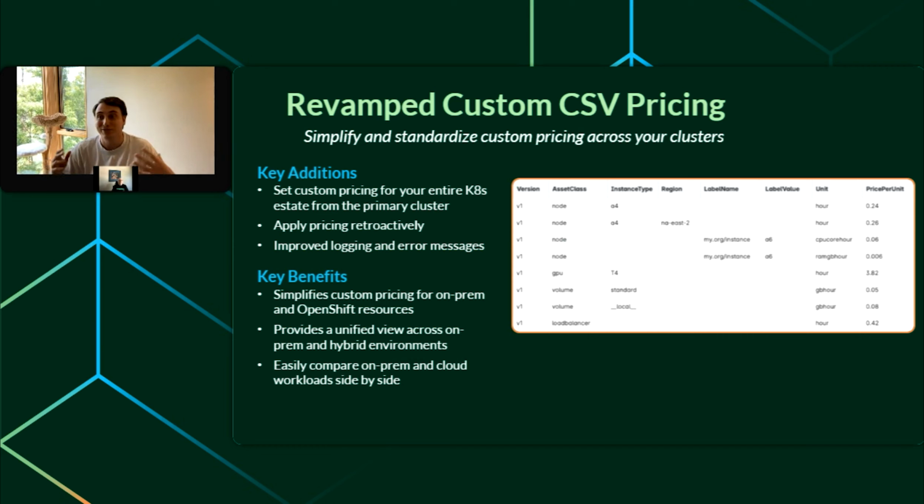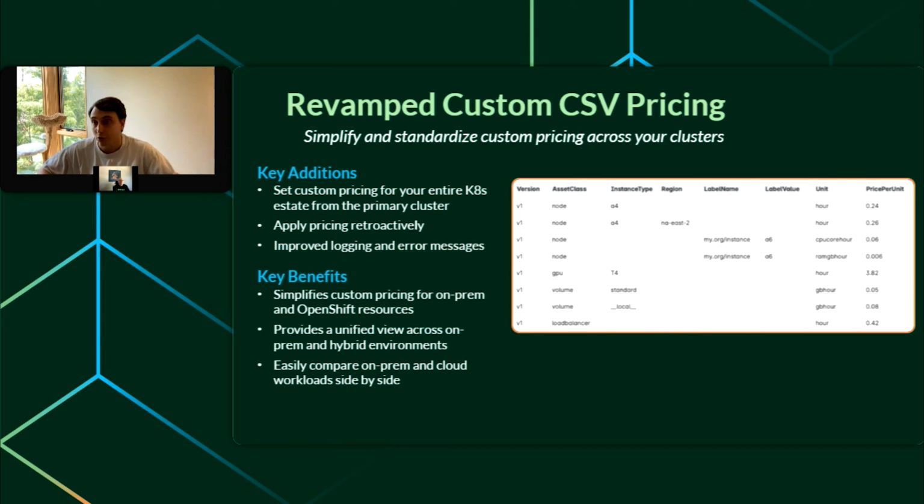If you're a customer with thousands of clusters, that can be an onerous user experience. So now you can upload just one CSV pricing sheet. You can upload it to the Helm chart at the primary cluster, and then that pricing sheet will be used across all of your clusters.